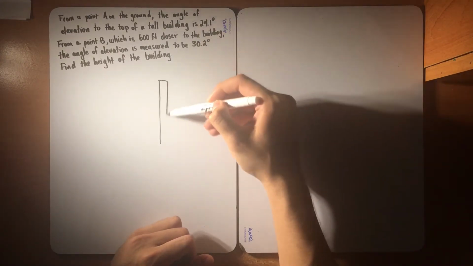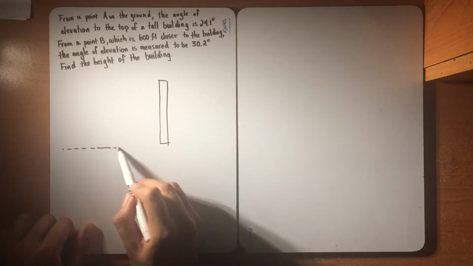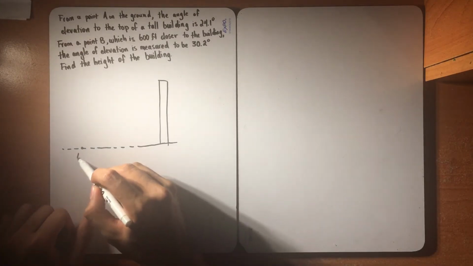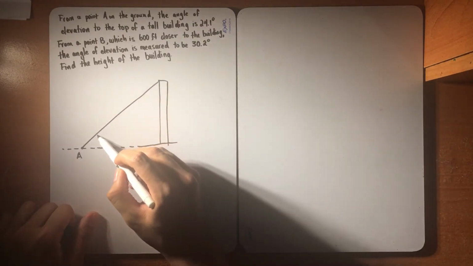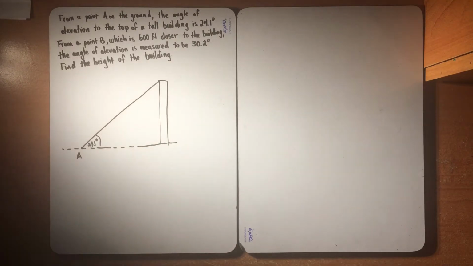So let's draw this building, and this dashed line will represent the ground, and we have a point A that makes an angle of elevation to the top of the building, and this angle is 24.1 degrees.